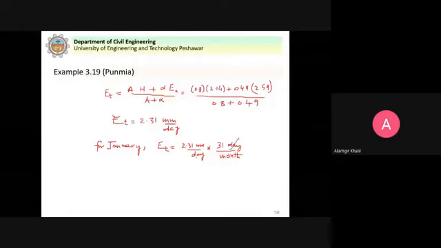So this day cancels out, and we have this ET that is equal to 71.64 millimeter of water for January.